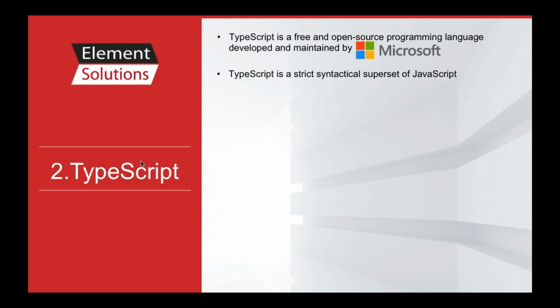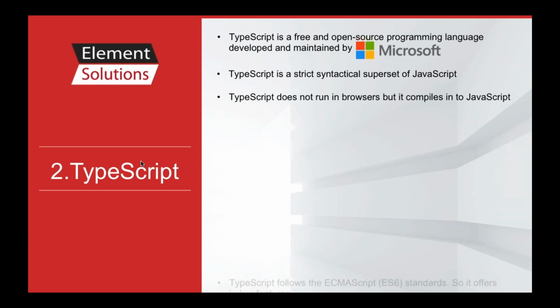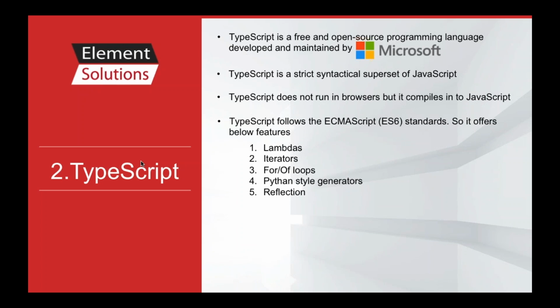The disadvantage with JavaScript is that when we are writing complex logic, we don't have compile time checking in JavaScript. So that is one of the major drawbacks for developers. In order to overcome that, TypeScript provides compile time checking. Apart from that, there are a lot of other features that we can make use of while using TypeScript.